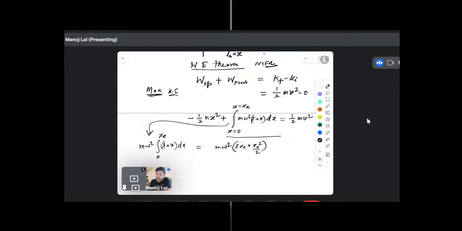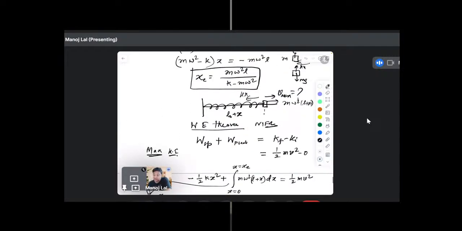So what we have now: minus 1 by 2 k x square plus m omega square L x e plus m omega square x e square by 2 is equal to half mv square. So students, we got some value. In equilibrium, you got m omega square L. See here carefully, m omega square L, because we have to do calculation. So m omega square L, I can write x e into (k minus m omega square).